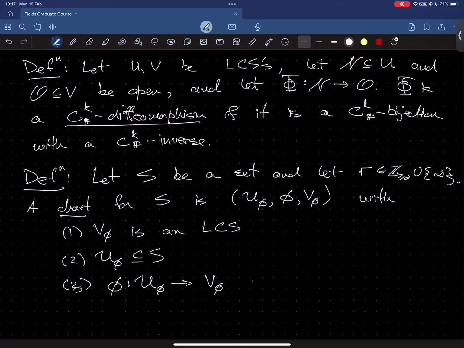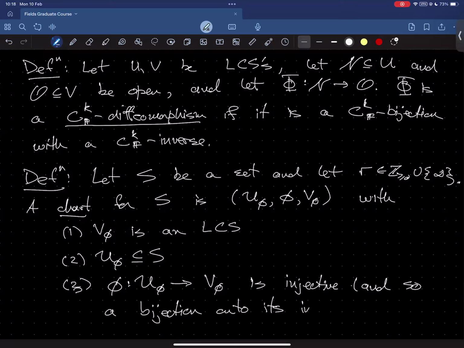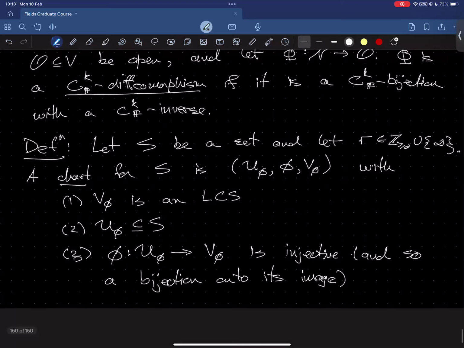So it's a bijection onto its image. So it's injective. Okay, so that's all a chart is.